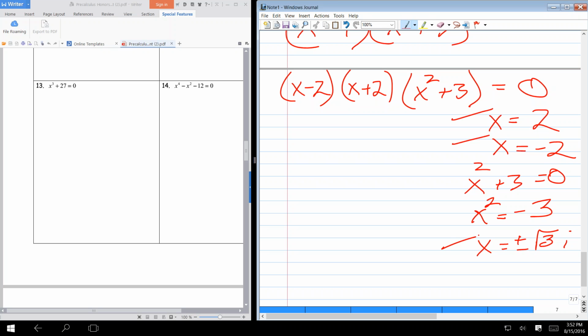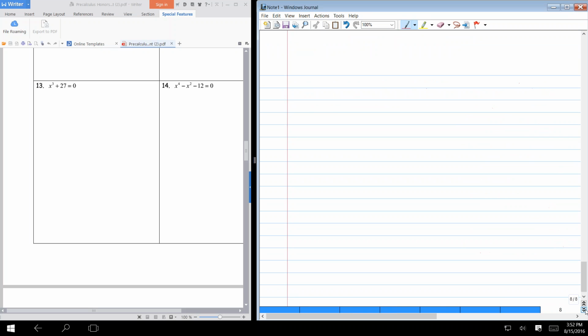So let me just give you another example of a quadratic in disguise. Notice why this is a quadratic. It's because if I square e to the x, I get e to the 2x. So again, you could use substitution. You don't necessarily need to use substitution.